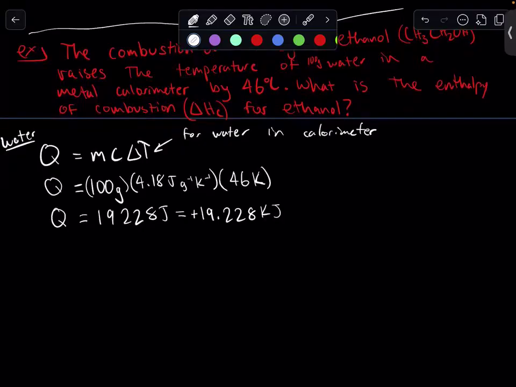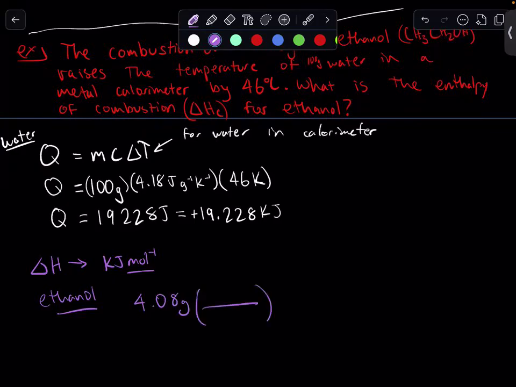Now, for ethanol, we know ethanol is going to be losing heat, but we also know that we're looking for delta H, which has units of kilojoules mole inverse, which means I need mole of ethanol. So what I'm going to do first for my ethanol is actually find the amount of moles. I start with 4.08 grams and I divide by the molar mass. For every 1 mole of ethanol, that's going to be 46.08 grams.